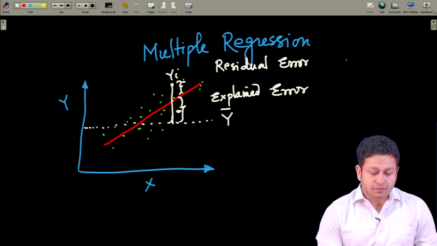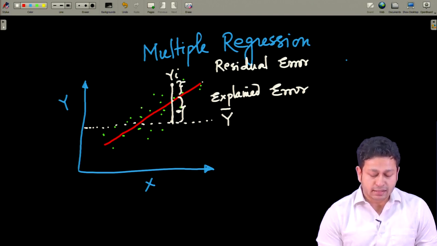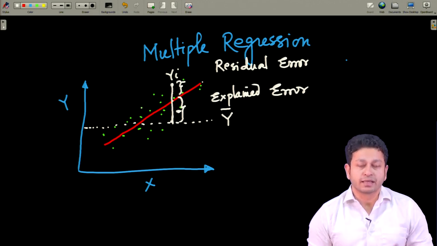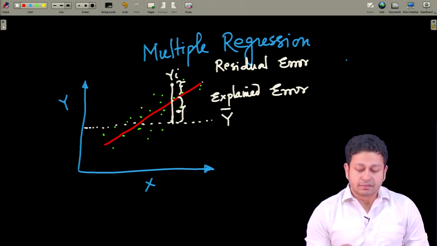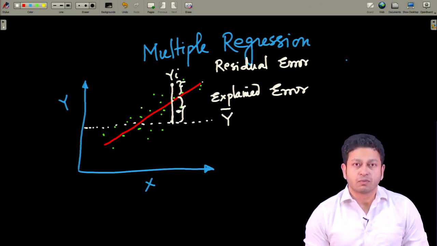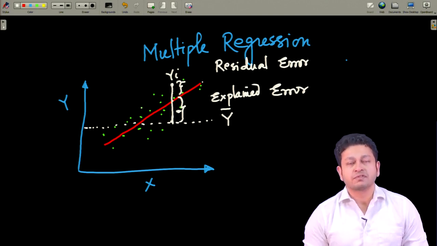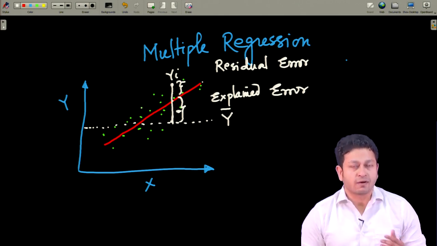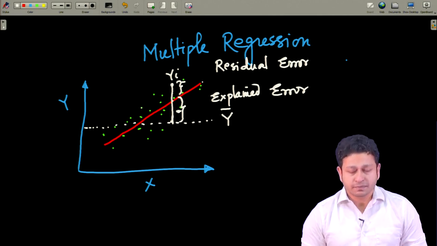For all the different points, in the same manner, if I divide the error terms into two components, residual error and explained error, we can get the sum of the different error terms, and we square all the different error terms. So essentially what we get is the sum of squares for these different components, residual and explained.